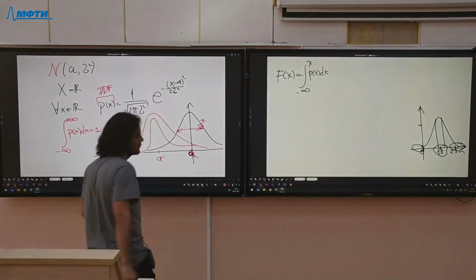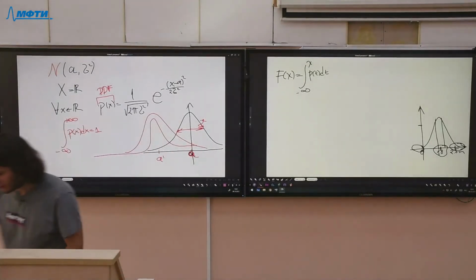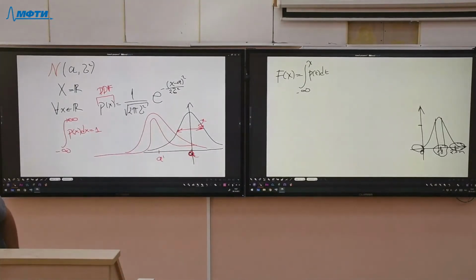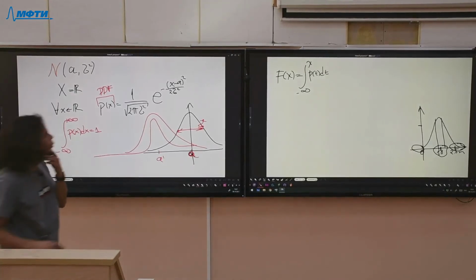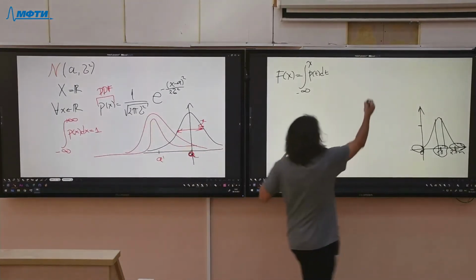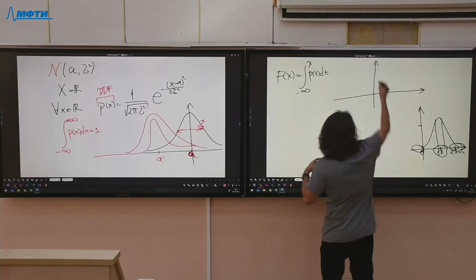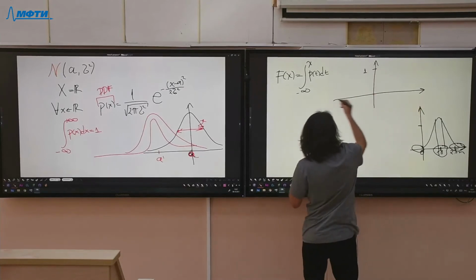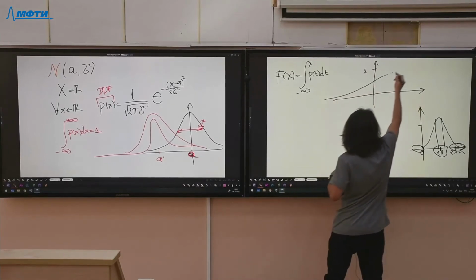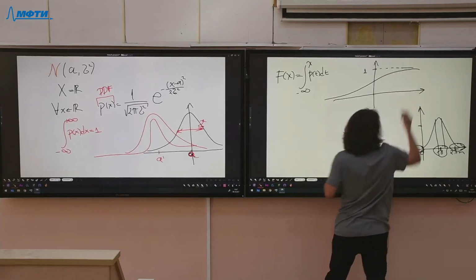Good. Great. So what else do we need? We are not going to write the CDF, but we can somehow draw the CDF. So this is one, and of course it's going to be something like this, right? Continuous.